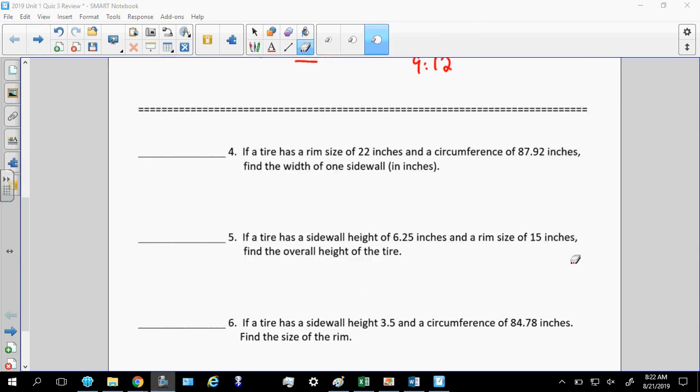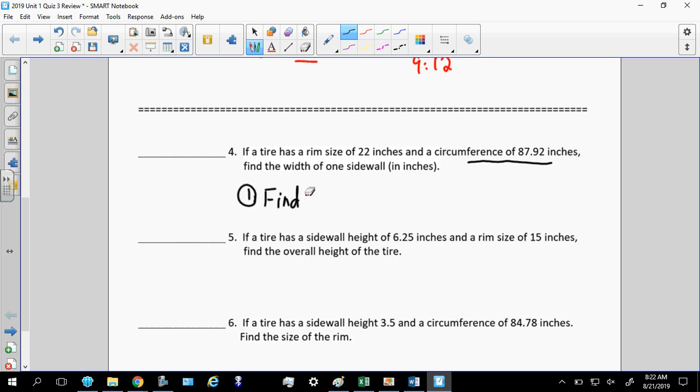All right, for question number 4, it says if a tire has a rim size of 22 inches, and here we go, a circumference of 87.92. All right, so if you remember from yesterday, whenever you have these questions where I'm already giving you the circumference first, the first thing you need to do is find the height. So you're going to find the height by taking the circumference, whatever it is, and divide it by 3.14.